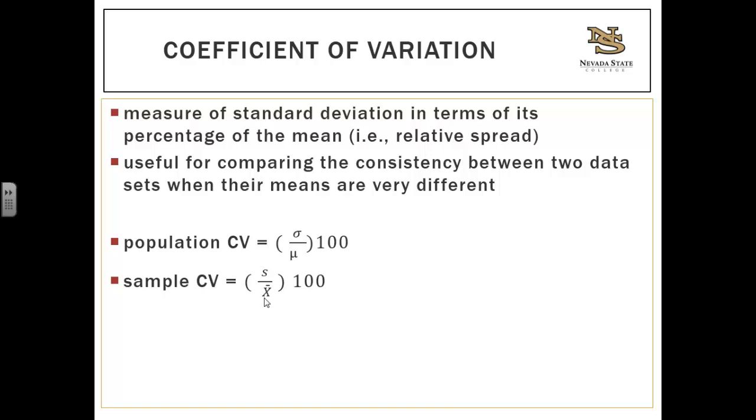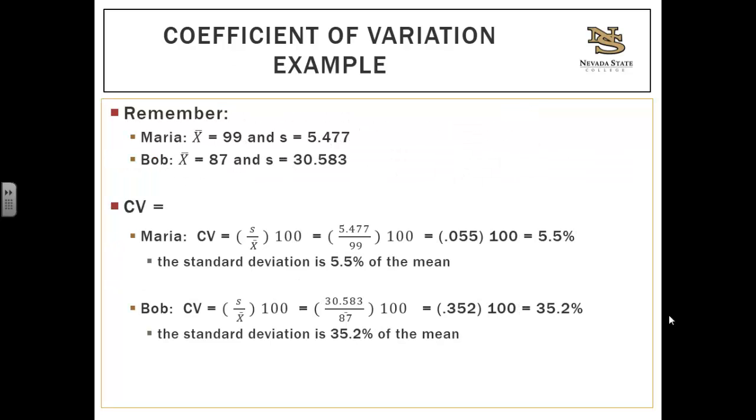So how big is the standard deviation relative to the mean of my data set? So look at your calculations. For the population, you take the population standard deviation, divide it by the population mean, multiply by 100. For the sample, you take the sample standard deviation, divide by the sample mean, and then multiply that by 100.